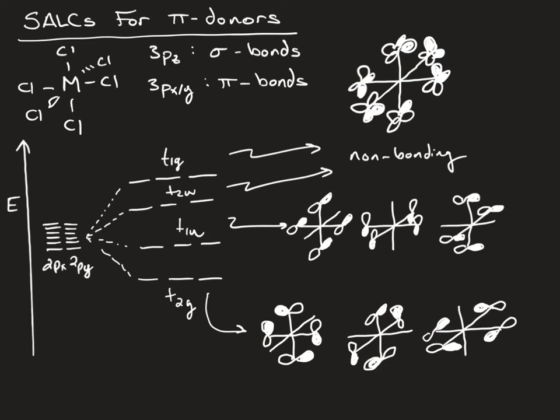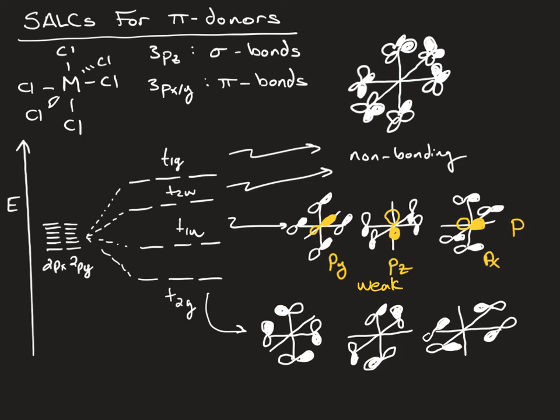And you can see that the T1us have the appropriate symmetry to overlap with p orbitals on the metal center. So for example, you can overlap with the py, the pz, and the px orbital. Now these are going to be weak interactions because we're overlapping in a pi-type fashion as opposed to a sigma-type fashion like we did with the T1us formed from the sigma-type SALCs.